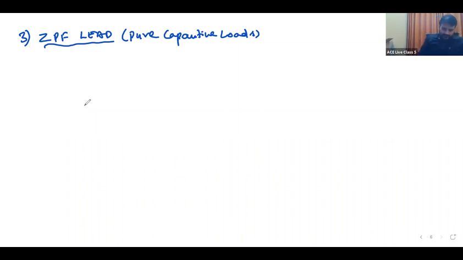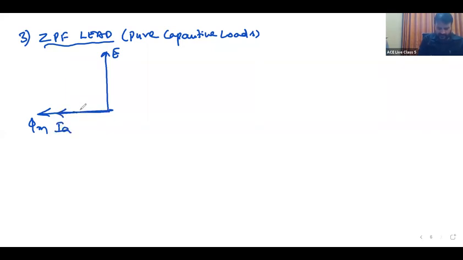This is phi M, and E. ZPF leading means the current is in this direction. This is IA, and this is phi A.